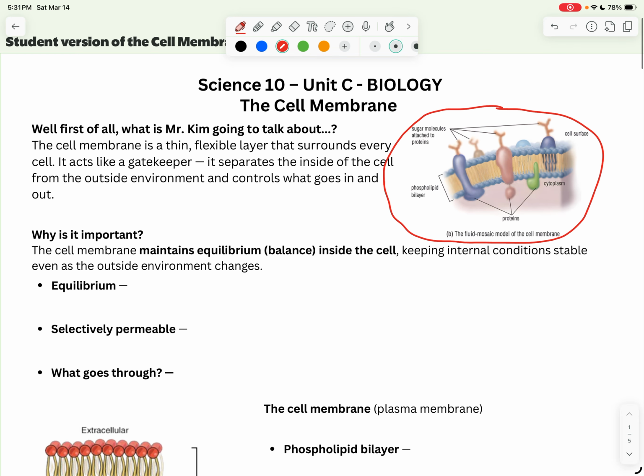So why are cell membranes important? We always talk about it as the skin of the cell. The cell membrane maintains equilibrium. If you don't know what equilibrium means, it means to balance inside the cell and outside the cell. You want to balance them in and out, and I'll talk about that more later on.